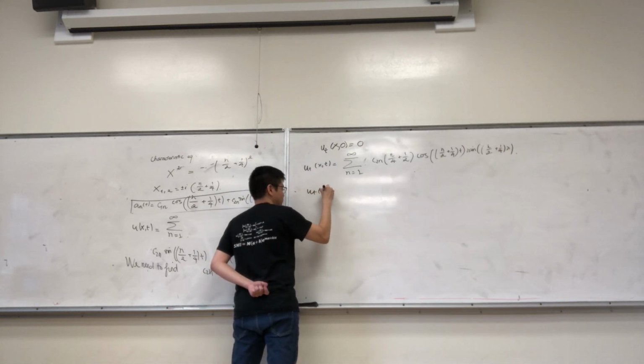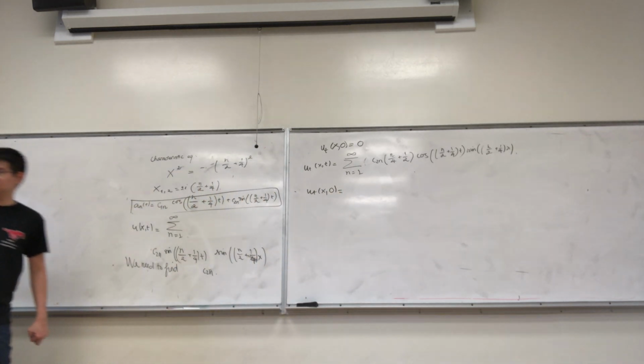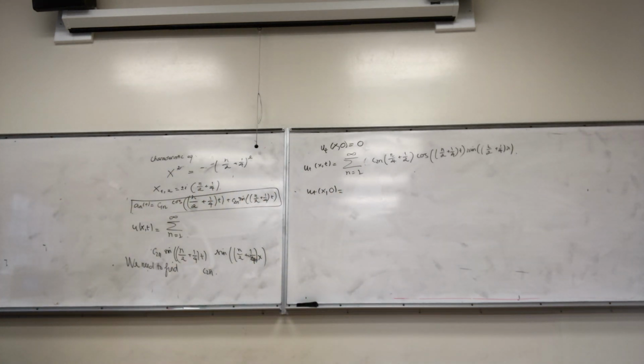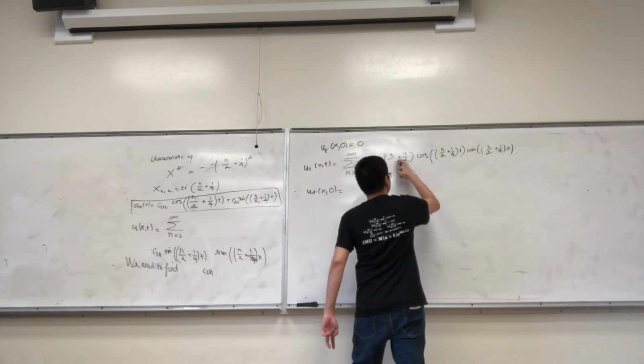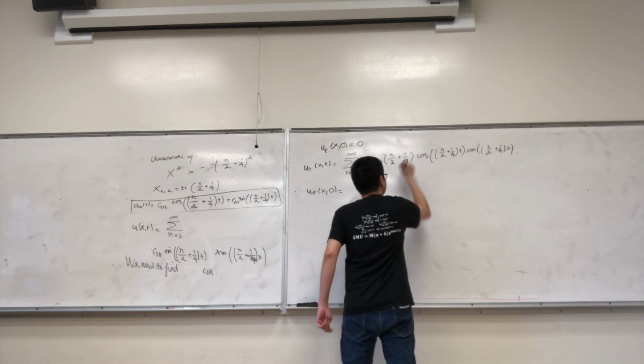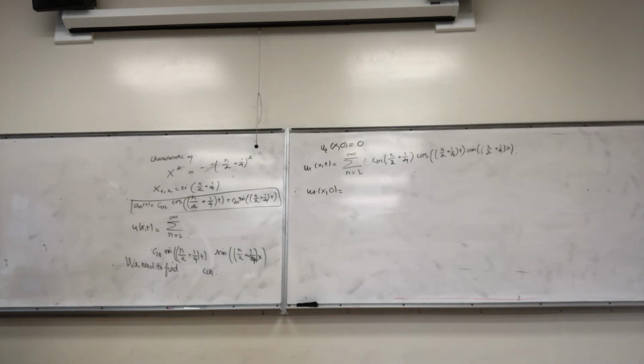So now, what is the value of this sum? The factor should be n over 2 plus 1 over 4. What happens when I replace t with 0 in this series?